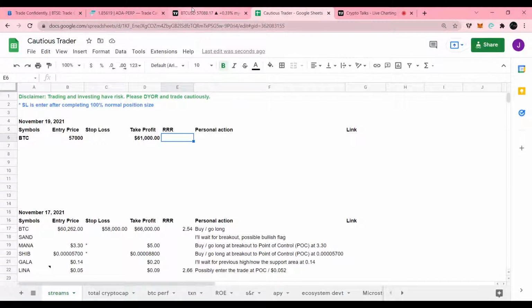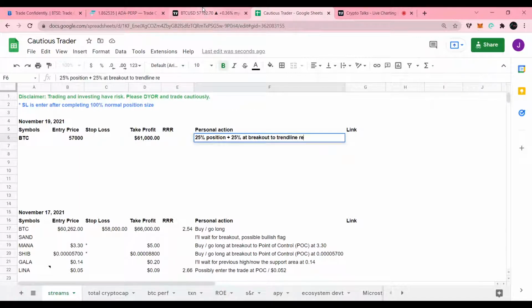RRR, just leave it blank, just 25% position size, then add 25% at breakout of the trend line resistance, which is 61,000 if I'm not mistaken.